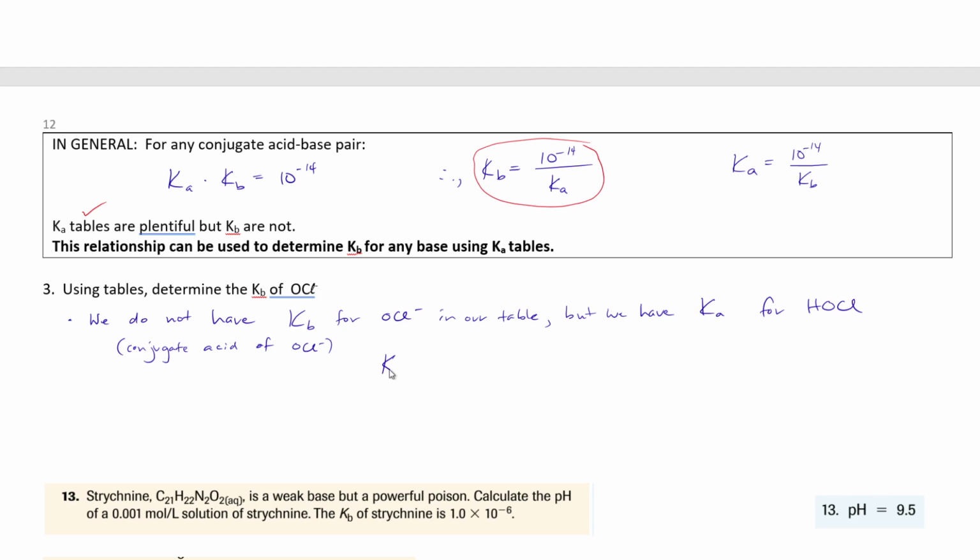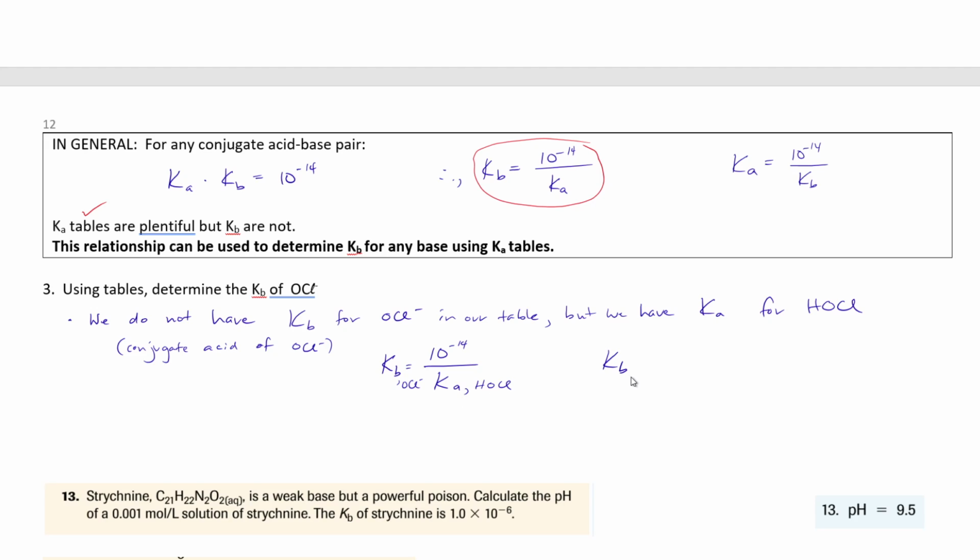So Kb is going to be equal to 10 to the negative 14, which is your Kw value, right? All over the Ka for HOCl, right? So the Kb of OCl minus is just 10 to the negative 14 over the Ka of the conjugate acid.